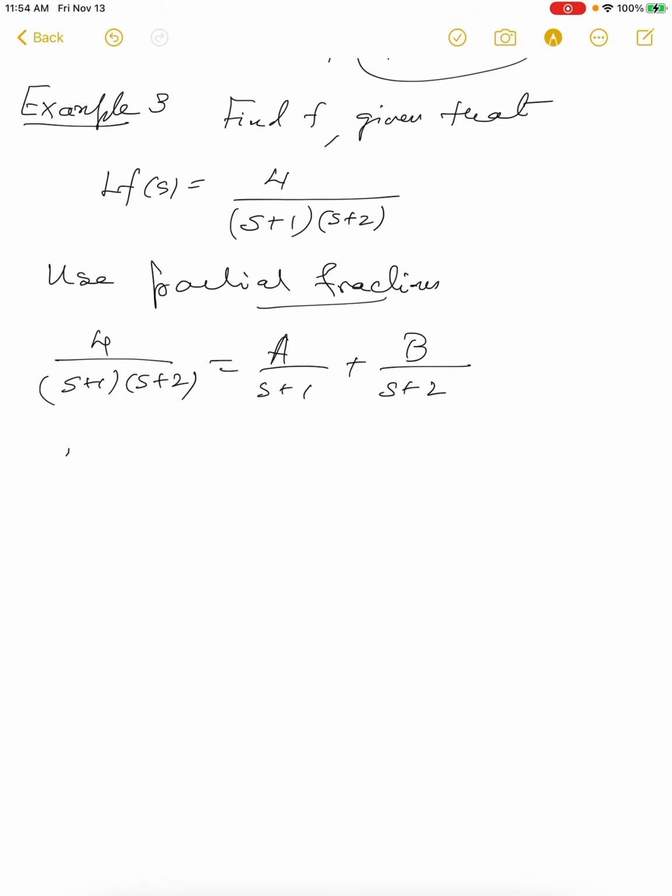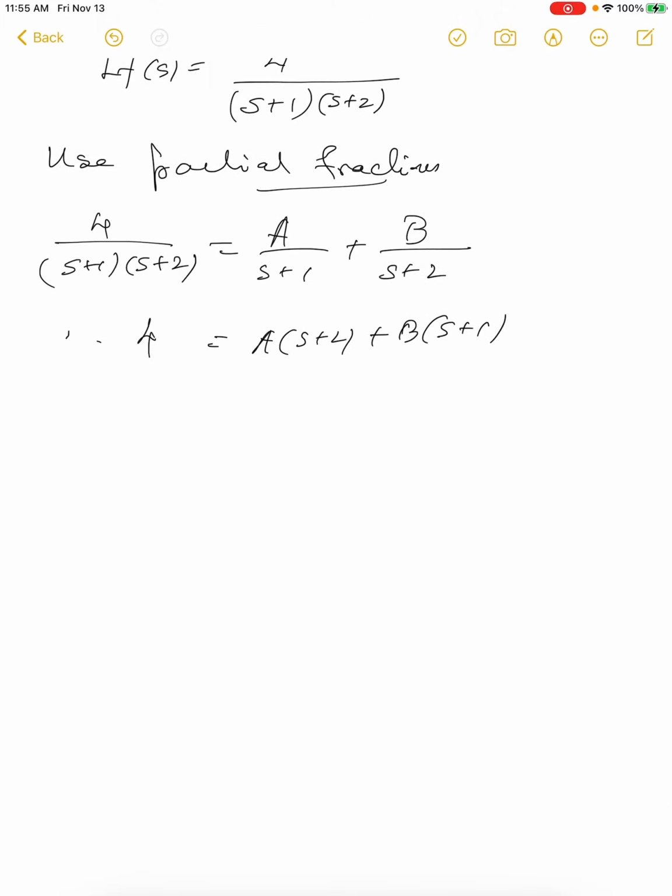So therefore, what does that give you? So therefore 4 must be identically equal to a times s plus 2 plus b times s plus 1. You have done this before in finding partial fractions in Calc 2. So that gives you 0, which is the coefficient of s to the 1, and that's going to be a plus b, and 4, which is the coefficient of s to the 0, is 2 times a plus 1 times b.